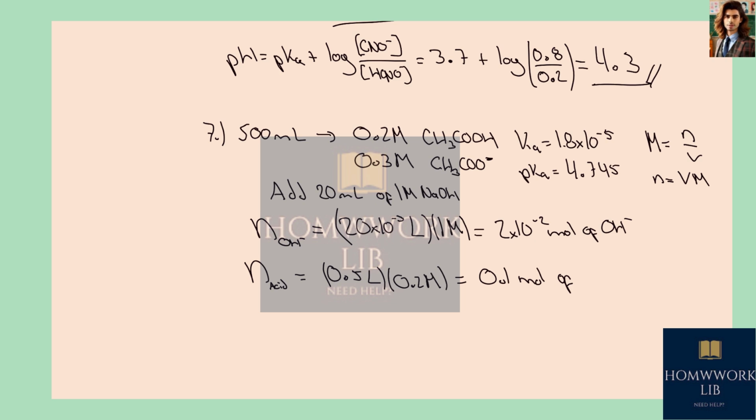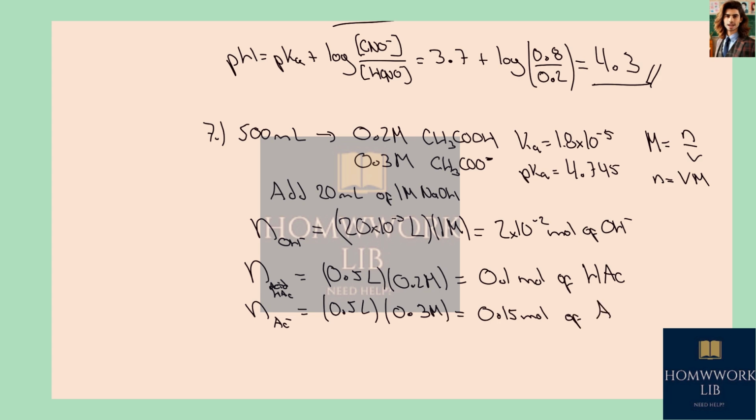I think that in this case, I'm going to label it better as HAc for acetic acid. And for acetate, I'm going to use Ac minus. Okay. So the volume is going to be the same, 0.5 liters times 0.3 molar in the acetate. So 0.15 mole of Ac minus.